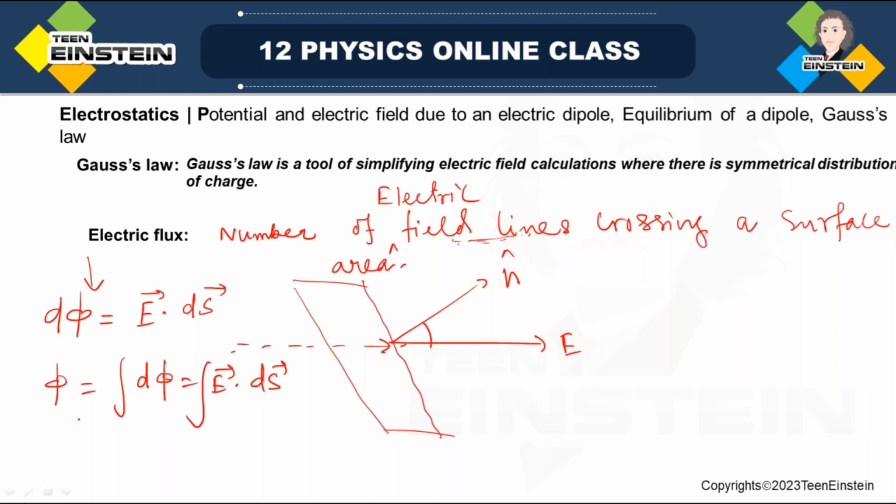You might be thinking, what is this ds? It is also a vector. So ds is actually the area vector.